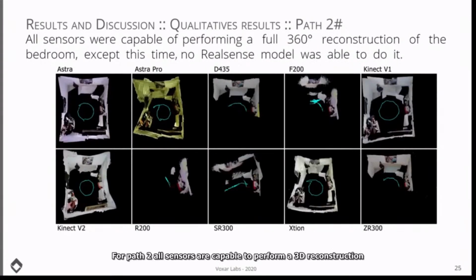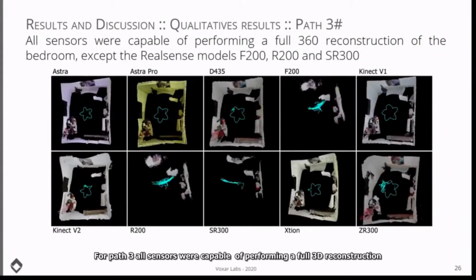For path 2, all sensors are capable of performing a 3D reconstruction, except this time no RealSense model was able to do it. For path 3, all sensors were capable of performing a full 3D reconstruction, except this time the RealSense models F200, SR300, and R200.